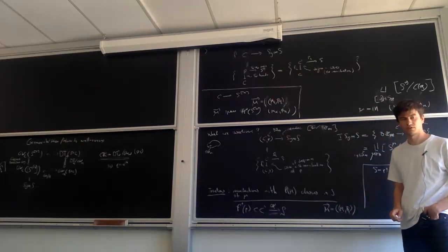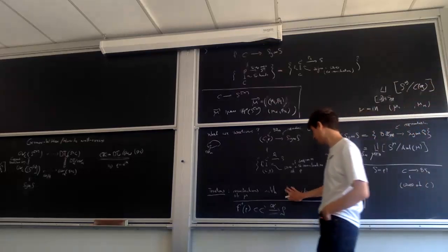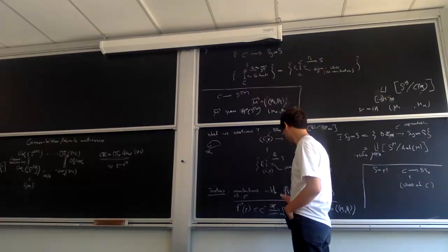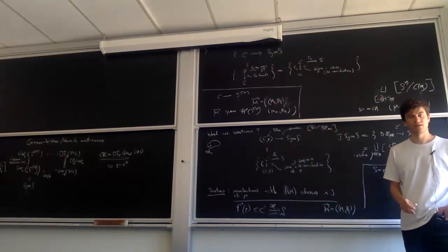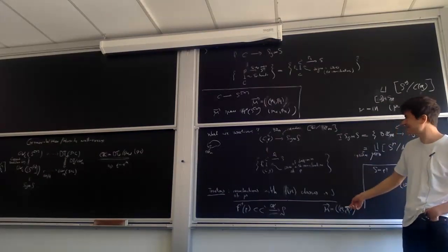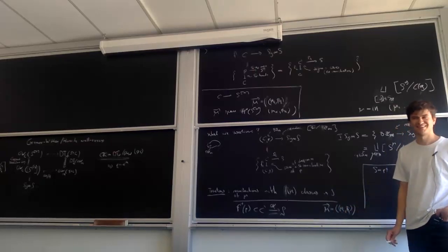Insertions are ramification with l(mu) classes? L mu is the length, the number of blocks. Yes. Ramification with l(mu) classes in S. I'm just saying that the insertion is just a cohomologically weighted partition. Okay, I see. You want these branching points to map to certain cycles. Yeah, exactly. But it's not complicated.